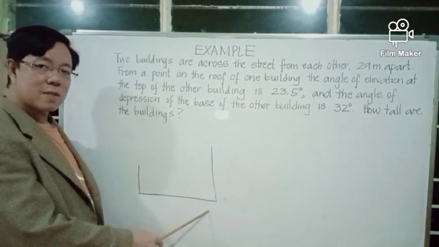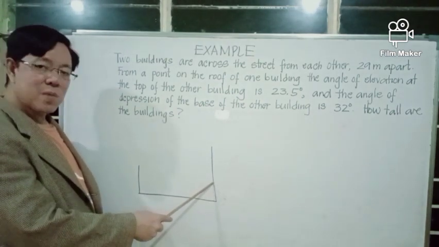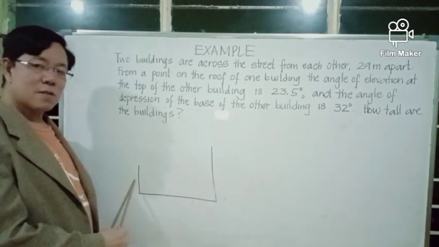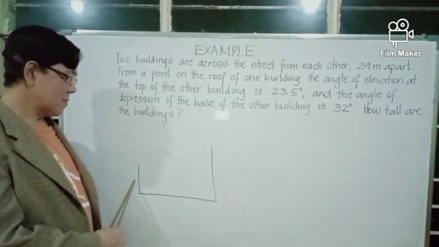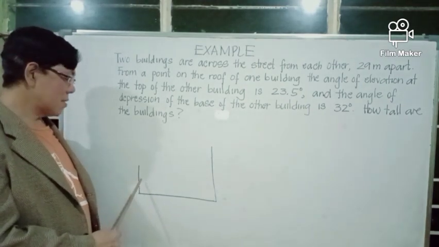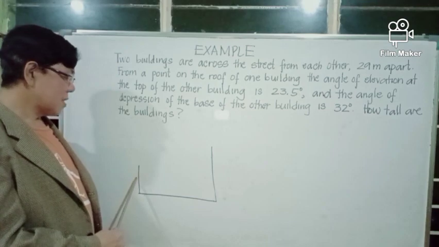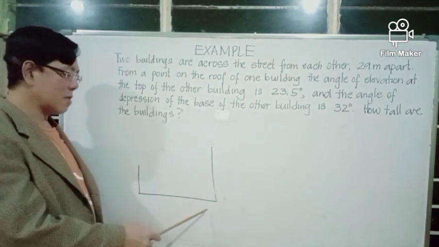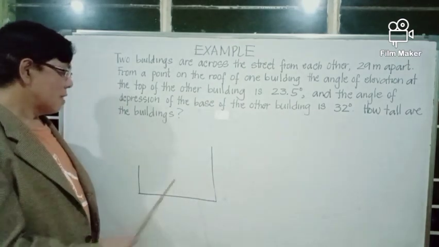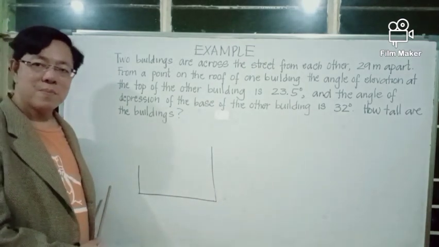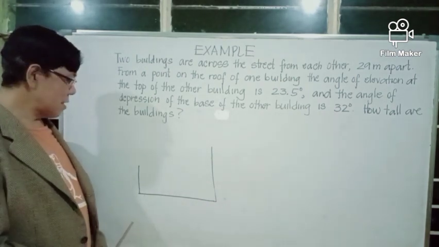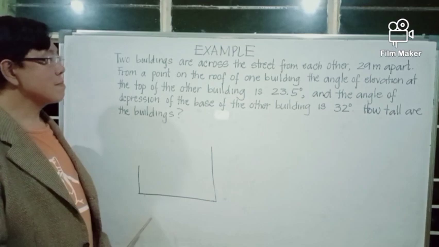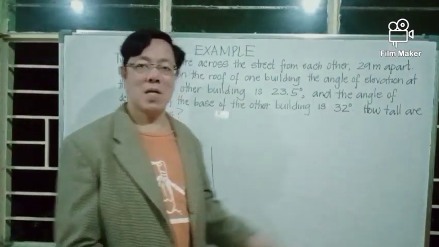This is the street, and this building is just across this street from this building in this same street. These two buildings are across each other in this street, and they are 29 meters apart.